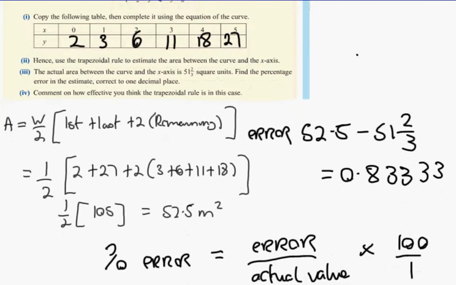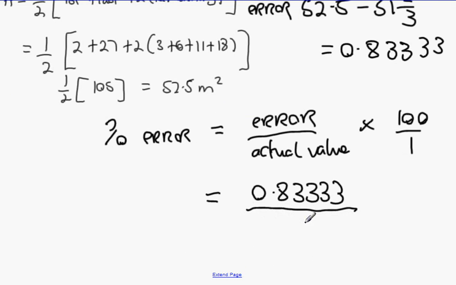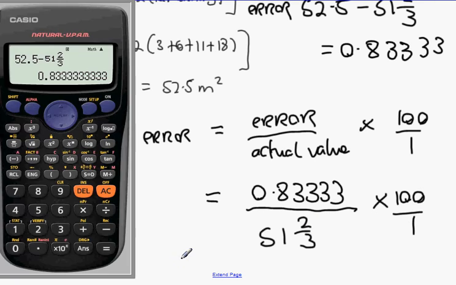It's not a lake. And then it's going to be over 51 2/3 multiplied by 100 over 1. So whatever answer I got here, we can say answer divided by shift 51 2/3.